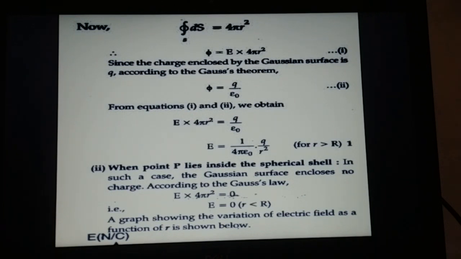Then, since the charge enclosed by the Gaussian surface is Q, according to Gauss's theorem, phi is equal to Q by epsilon 0. I already told you, Q is the total charge on the sphere. Which sphere? The conducting shell. And we are considering the Gaussian surface outside the conducting shell. So the total conducting shell is now inside our Gaussian surface. Are you getting that?